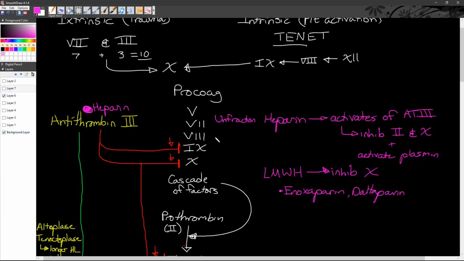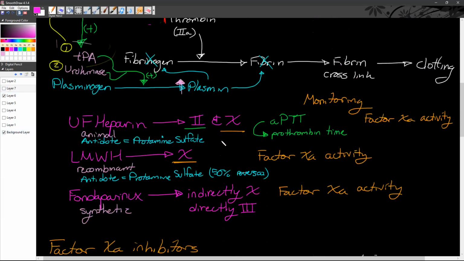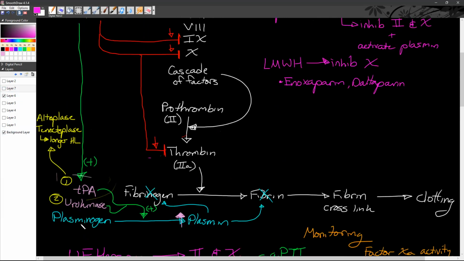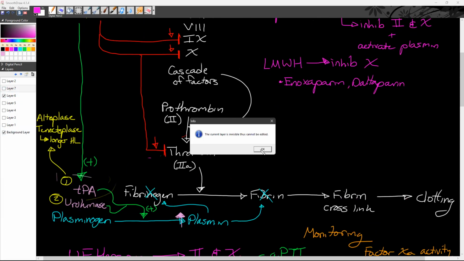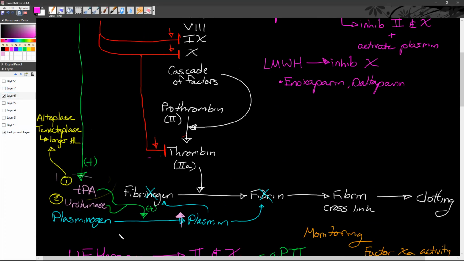And really what these drugs are doing is that in our diagram here, they're coming in and they are sticking to plasminogen. And what they're doing is that they are preventing the conversion of plasminogen into plasmin.